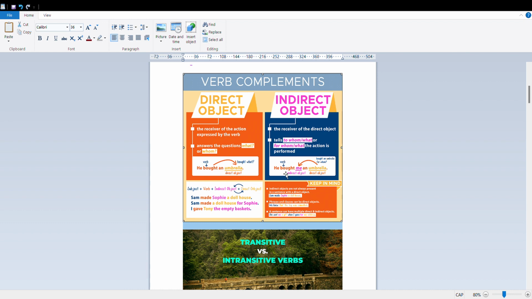Remember this. So let's go for the example. He bought me an umbrella.